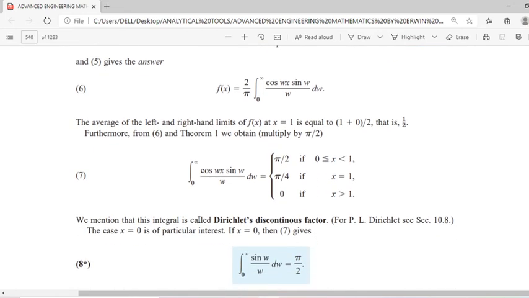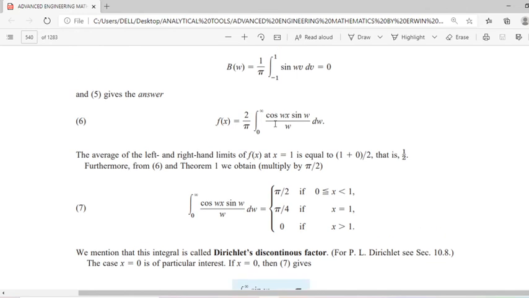Moreover, you can obtain the value of this integration since this is a trigonometric function. We can consider the left and right hand limits of f(x) at x equal to 1. What is the left limit and right limit at x equal to 1? The left limit will be 1.